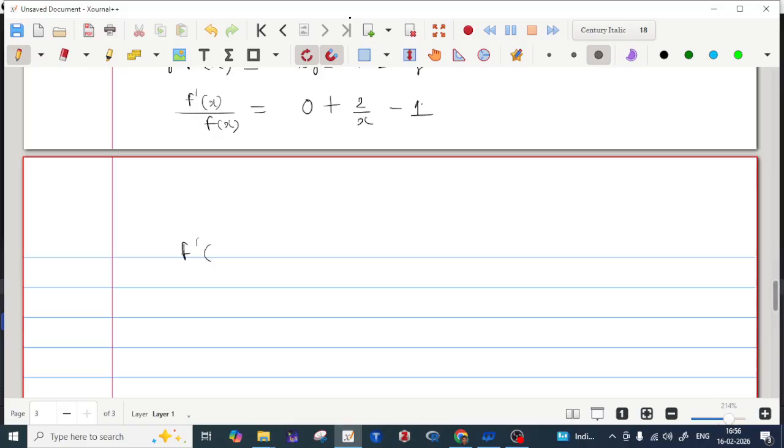So f dash x equals f(x) into 2 upon x minus 1.